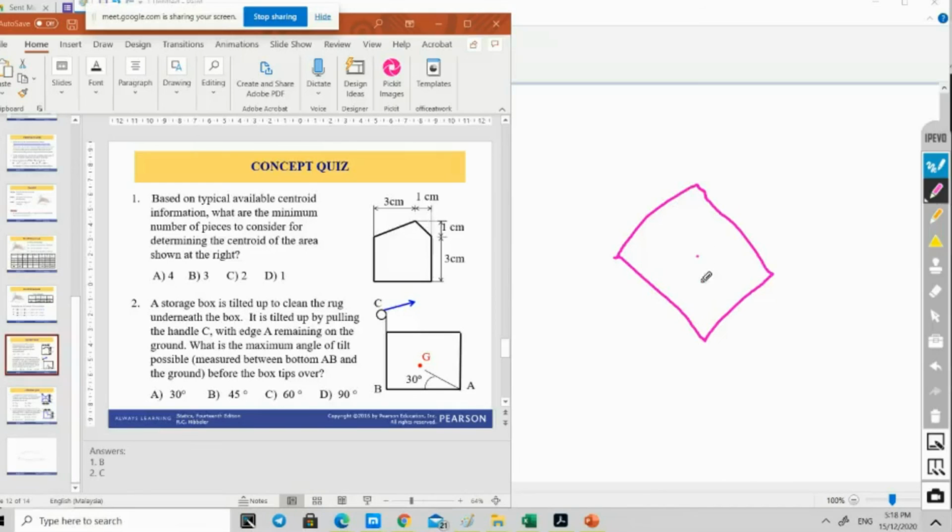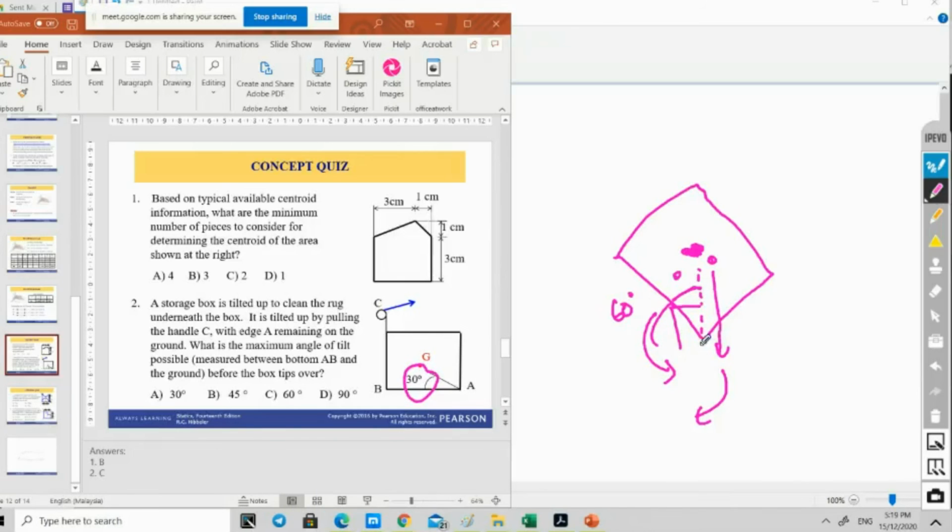The idea is that when point G is right above this, that is where the tipping point is. If G is here, it will produce a moment clockwise. If G is here, it produces a moment this way. So the maximum is 90 degrees. If this is already given as 30, it should be 60 here.